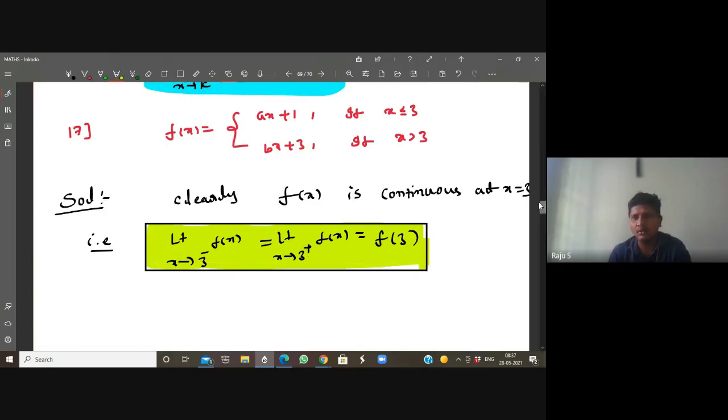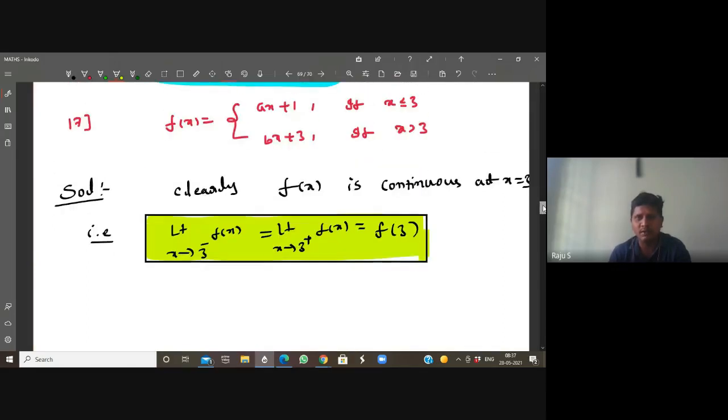Now we can use this condition. First, I want to find the left hand continuity. Limit x tends to 3 minus f of x. So 3 minus means the lesser than condition. This is 3 minus, and this is 3 plus.